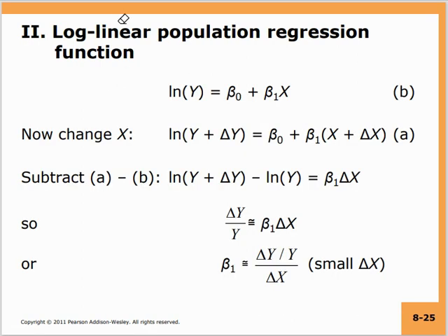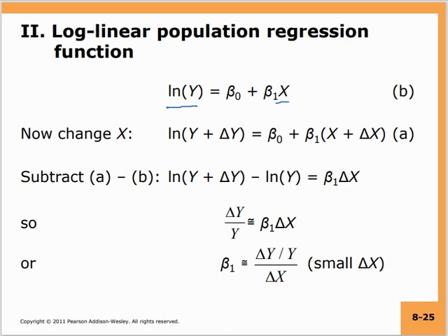Now we look at the log linear population regression function. As is evident from the name of the model, we take a log on the dependent variable and we leave the independent variable as a continuous variable.